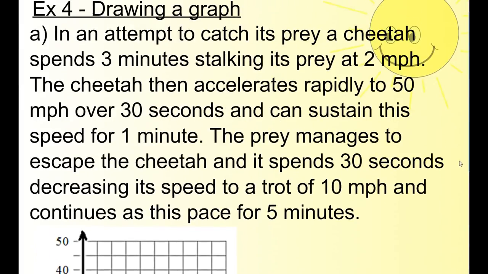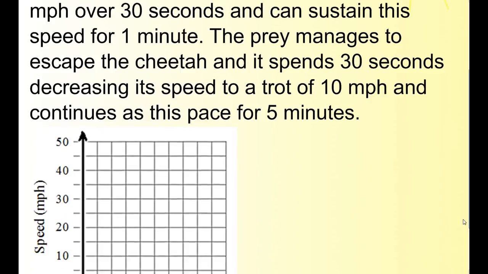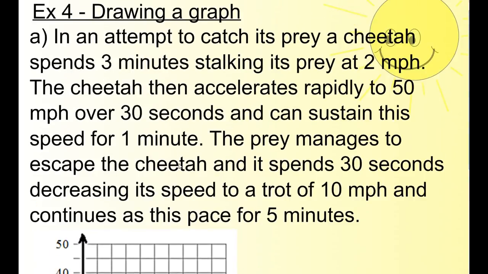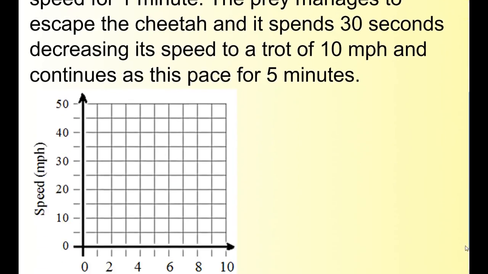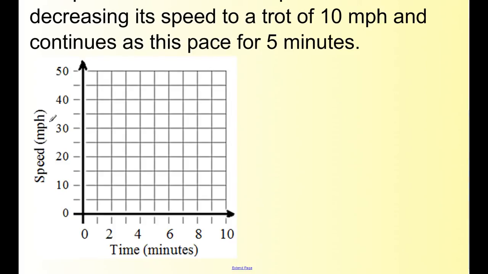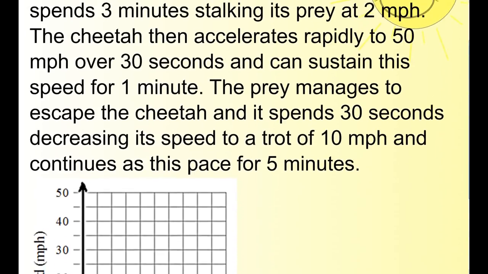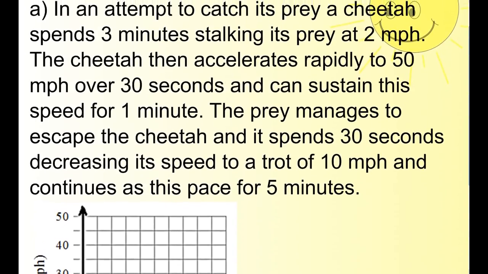Okay? So we want to draw what it says up here in a graph. We want to match what it says. So let's look at the graph quickly. We've got speed in miles per hour. We've got time in minutes. Okay? So let's see here.